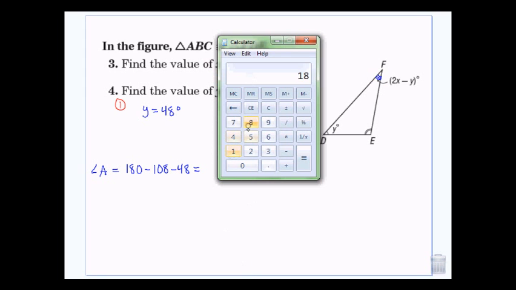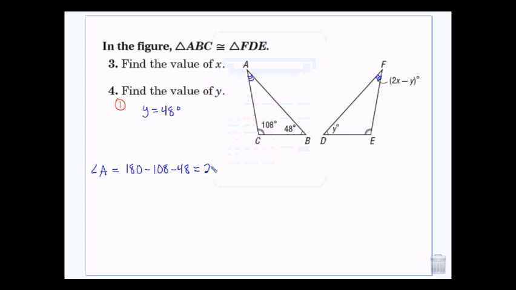Right, let me just make sure I did that in my head correctly. 72. Okay, 72. See, I didn't do it in my head correctly. Makes sense. So that's 24 degrees, right? So this is 24, which makes this 24.